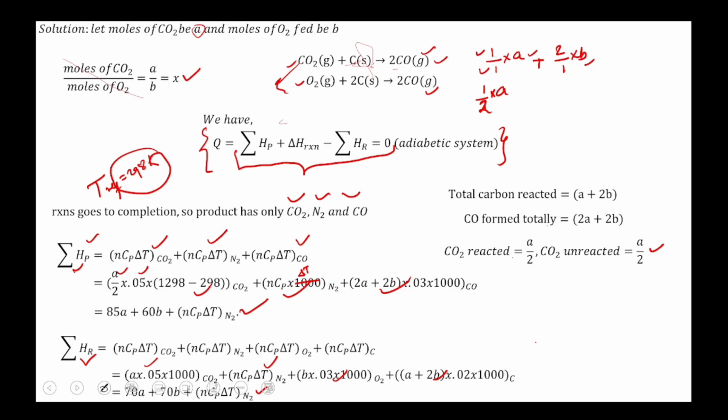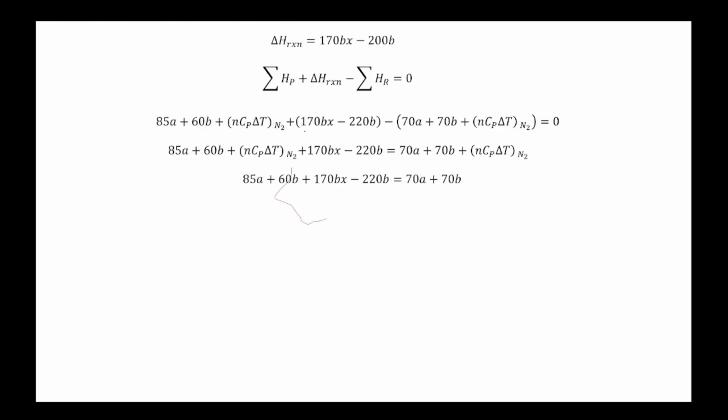Put the values here and solve, and you will get ultimately 230B is equal to 15A plus 170Bx. Now 230B minus 170Bx is equal to 15A. Take B common and divide.